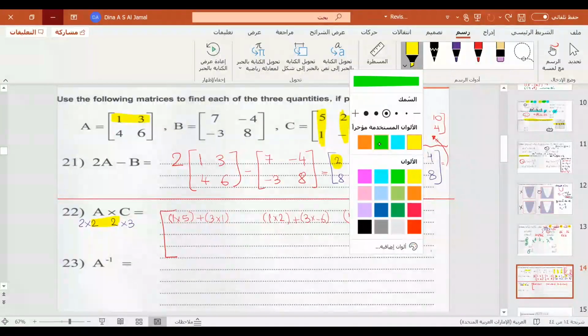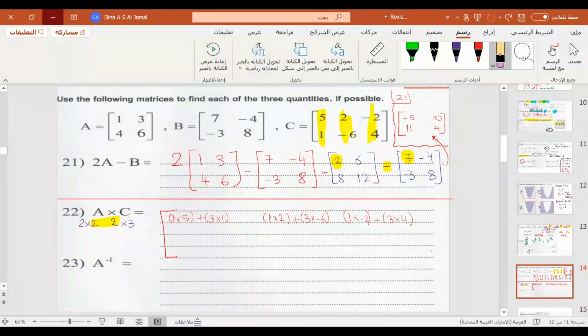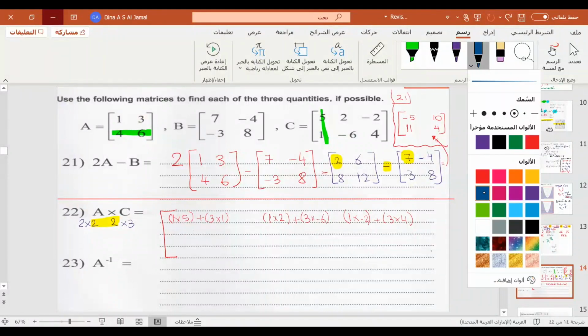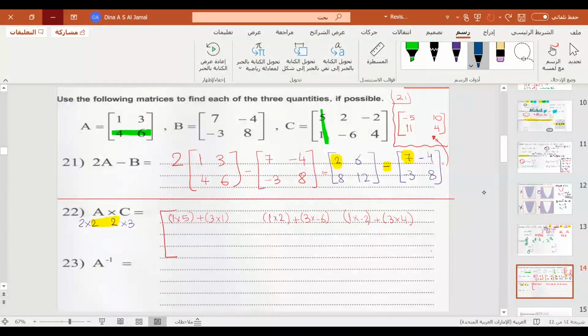So I will be erasing this. Let's go to the second row, first column. And this will be all about 4 by 5 plus 6 by 1.